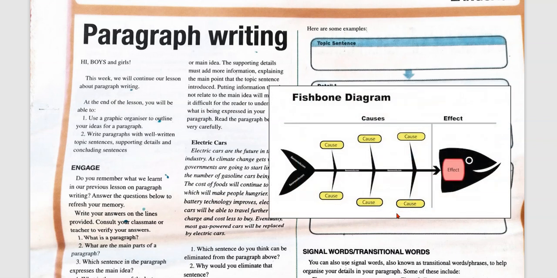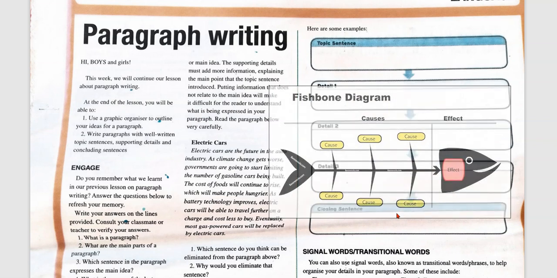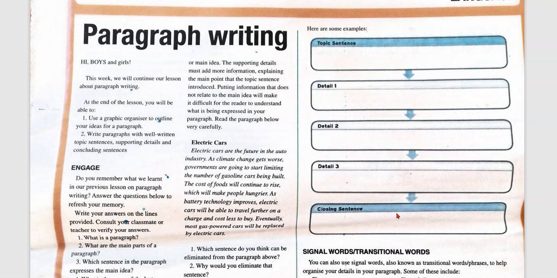You have one cause and you could have multiple effects. The T-chart could be listing pros and cons. And an outline like this could help you with sequence: what happened first, second, last, chronologically, arranging things.